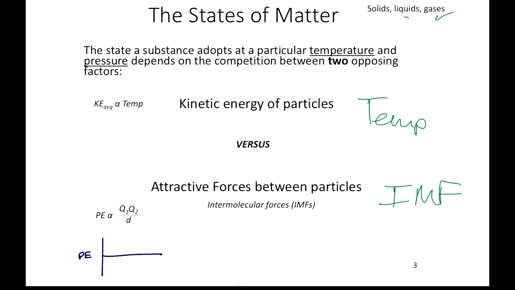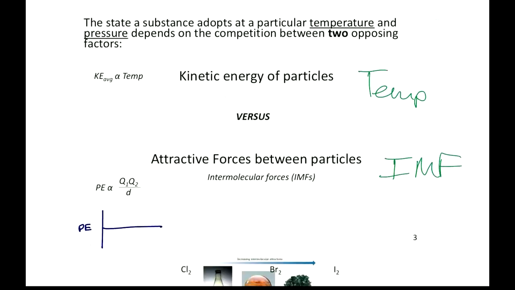That is related to intermolecular forces, and I will give you the tools for how we determine that. When we think about attractions and potential energy, we're going to use the same equation, Q1, Q2 over distance. Remember this graph: what kind of forces are at the top?